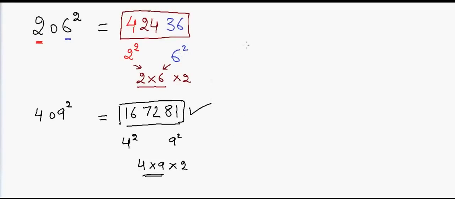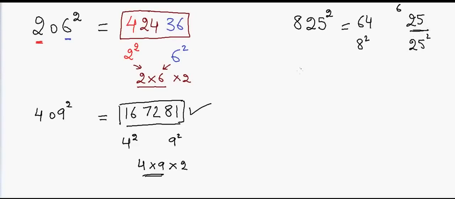Now, I will give you an example with a carryover. Suppose I have 825 and I want to square this number. This will be a little different, but the approach is the same. 8 square is 64, and then 25 square is 625, right? So we'll write 25, and then we have to write a 6 here, because we can only use two digits in the end.